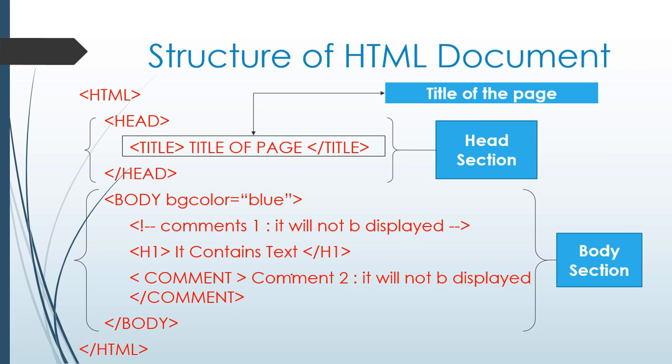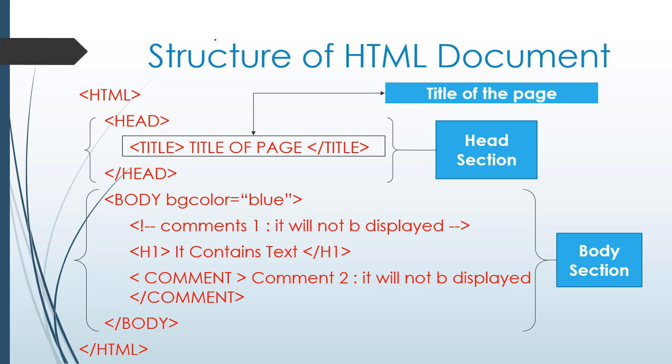Now I'll have a look at the structure of our HTML document. Whenever we start our HTML programs, we have to initiate them with this opening tag and we have to end all HTML programs with the closing tag. But before discussing this piece of structure, we must understand one thing. Whenever you write something in HTML, you have to use angular brackets.